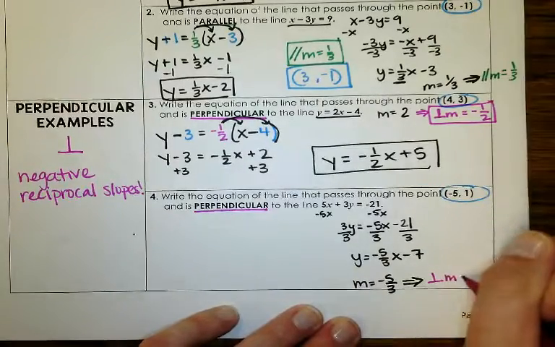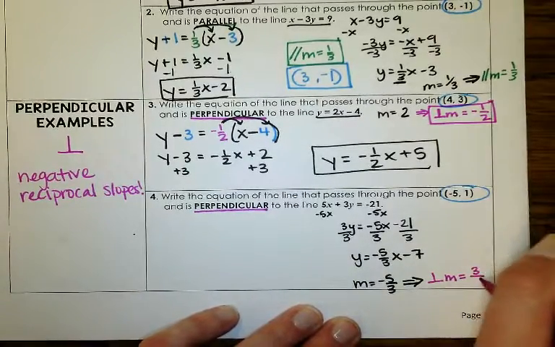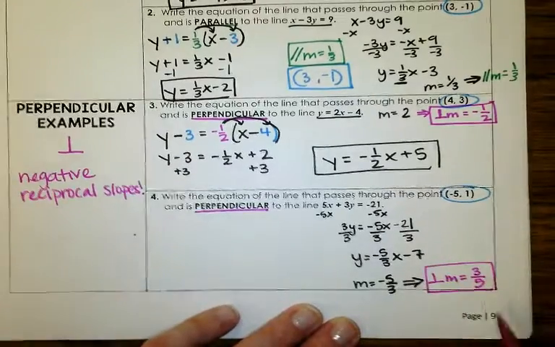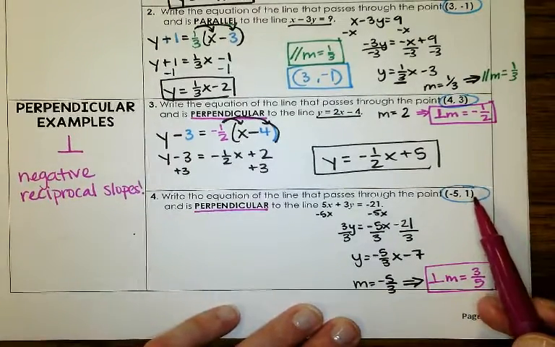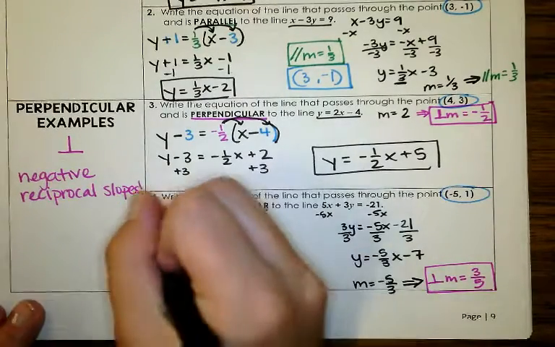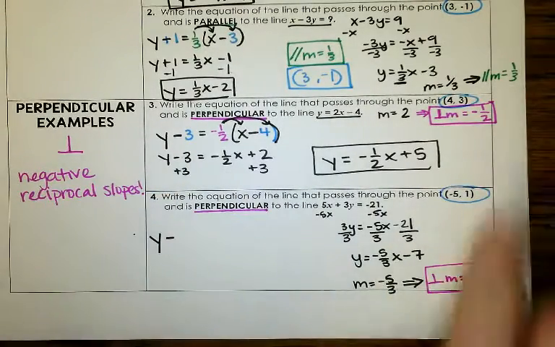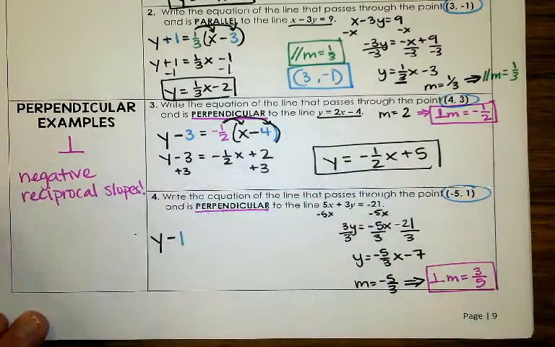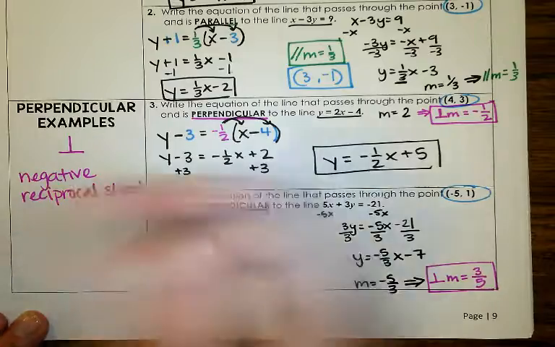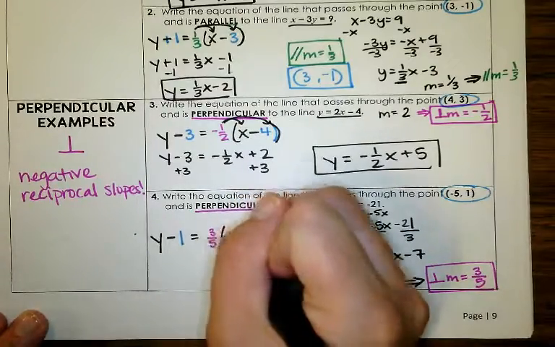So if we have our perpendicular slope and we have our point, can we do this in point slope form? Absolutely. So we go here, we say y minus 1 is equal to m, which is 3/5, parentheses x minus negative 5, so that's just x plus 5.